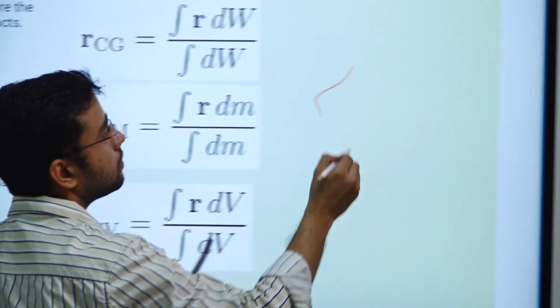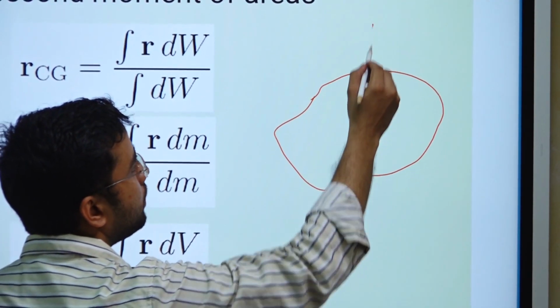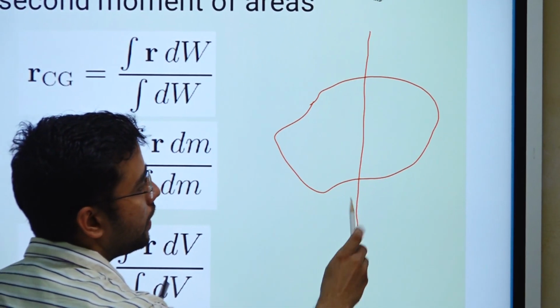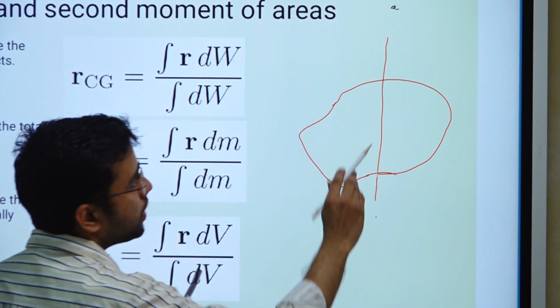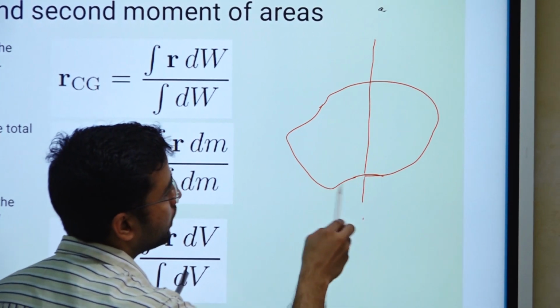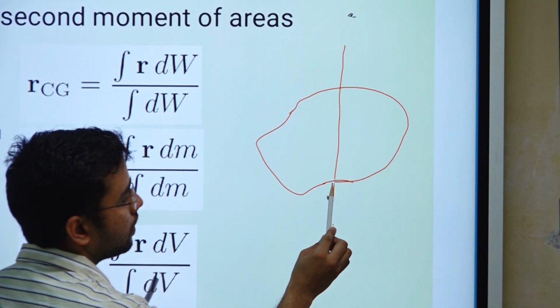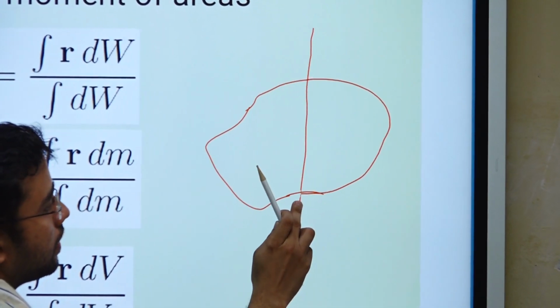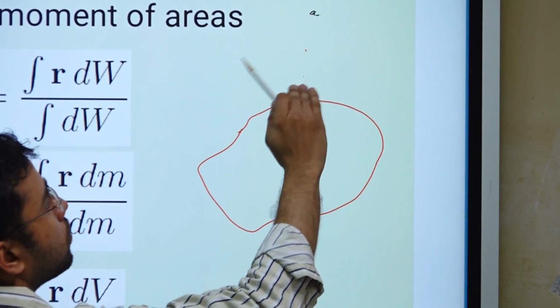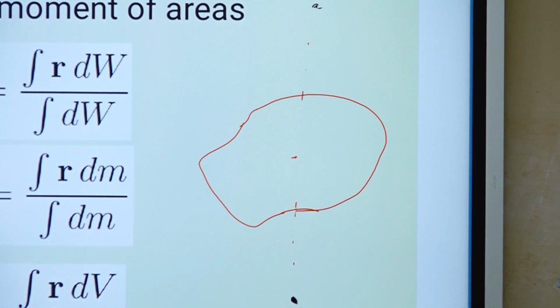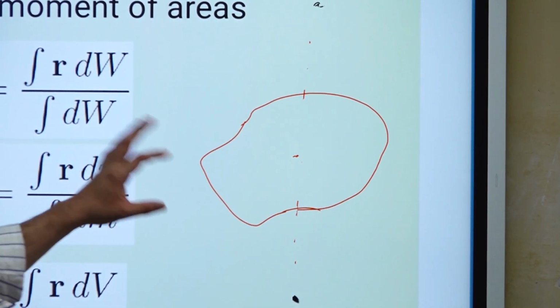Suppose the center of gravity will have one axis, you just have to balance this object, and it will be balanced, right? But the center of mass will be inside the body, right?